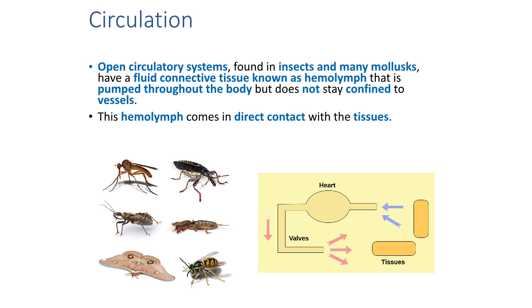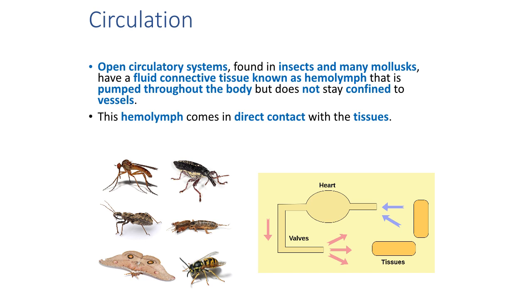So open circulatory systems, we find these in insects and in mollusks such as clams, and their fluid connective tissue is called hemolymph. Now, what's interesting about hemolymph is that it does not stay contained to vessels.